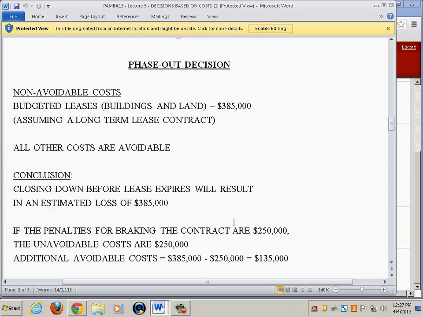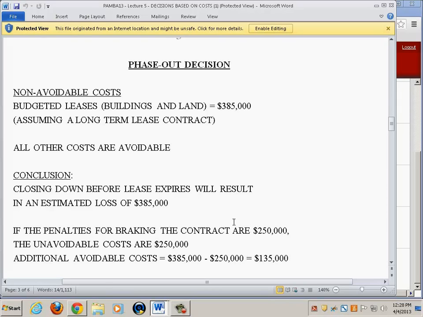And the cost classification that is relevant here is to decide if you phase out, if you close down this location, what are the costs that are avoidable by closing down, phasing out, and what are the costs that are unavoidable. In other words, there will be costs that if you close down the location, you'll save them. You'll avoid them. But there will be costs that you will not avoid.